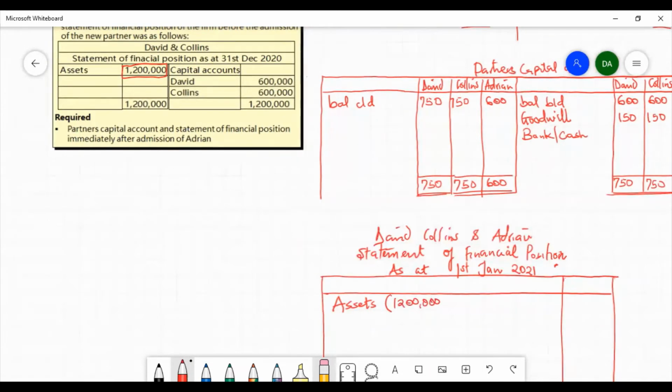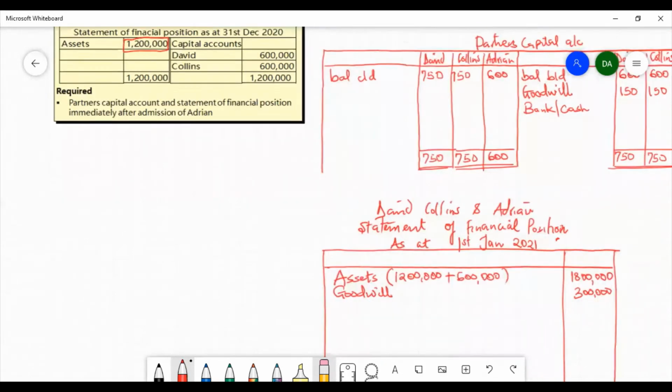But during admission, Adrian brought in cash, which was 600,000, so that the total is going to be 1.8 million. Then another asset is goodwill, which is now an intangible asset. Goodwill was valued at 300,000 and is carried in the books. That is why you can see it in the statement of financial position.